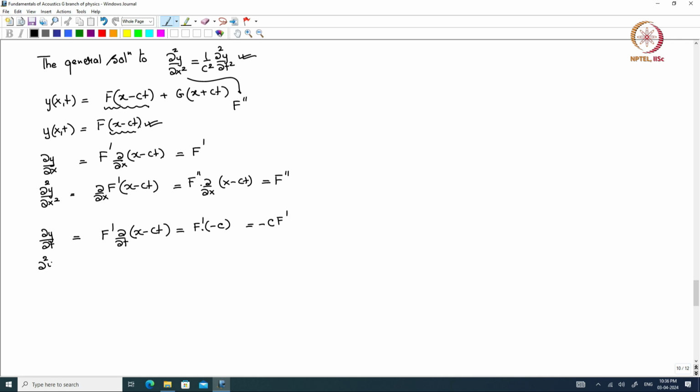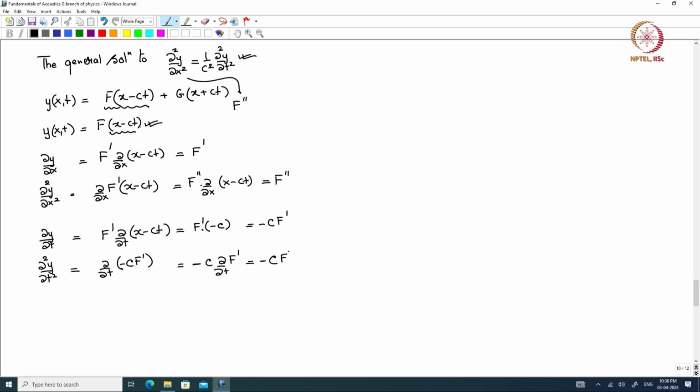Then del 2y by del t square is equal to del by del t of minus c f dash. c is a constant. So, minus c into del by del t of f dash, again minus c times the derivative of f dash with respect to the argument.